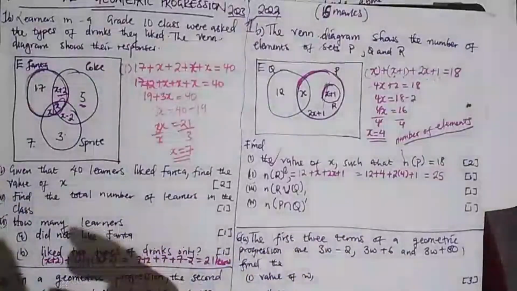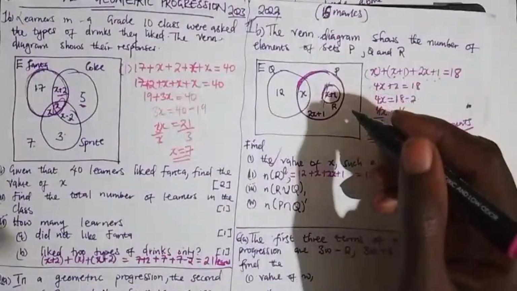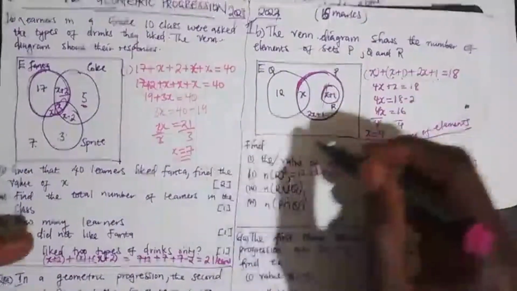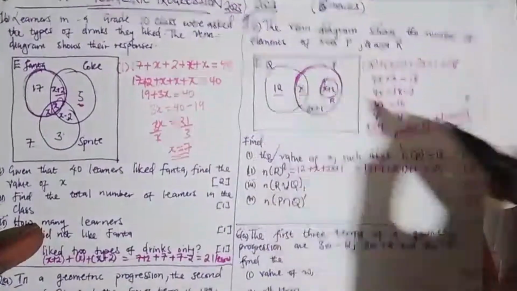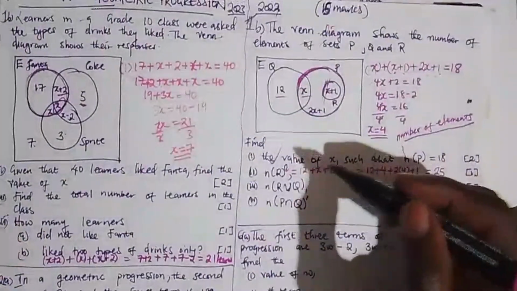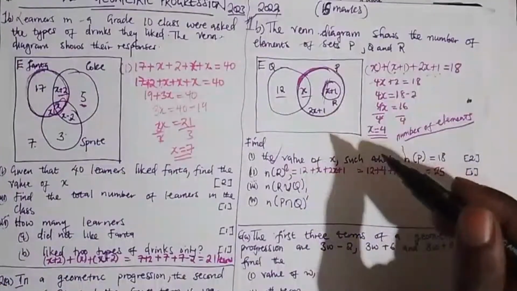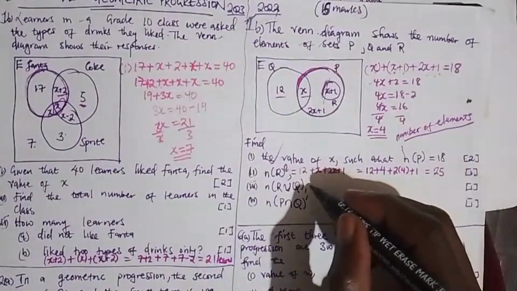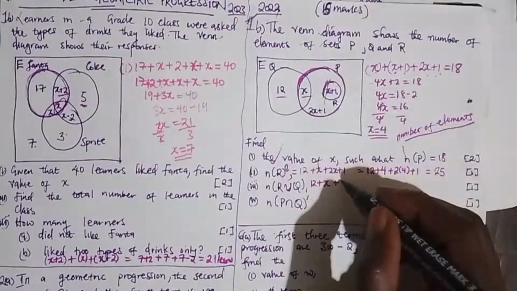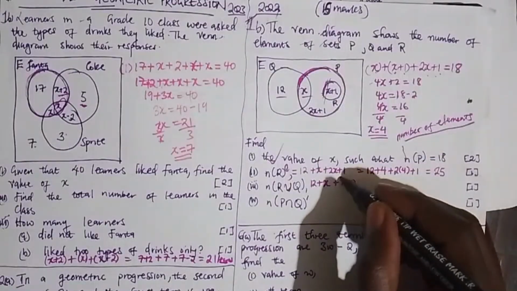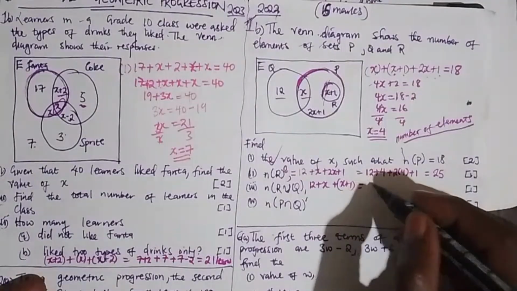So we are combining the elements which are present in R and the elements which are present in Q. If you draw a circle on Q, you can see that 12 and x are in Q. Then x plus 1 is in R. So we are going to say 12 plus x plus 1, which is in R. Then we know the value for x.